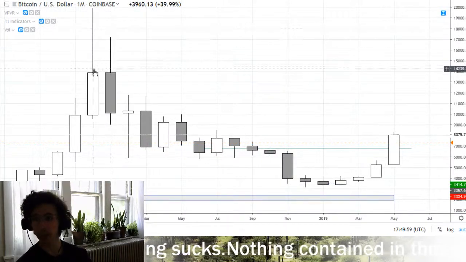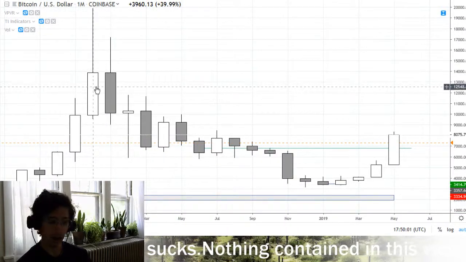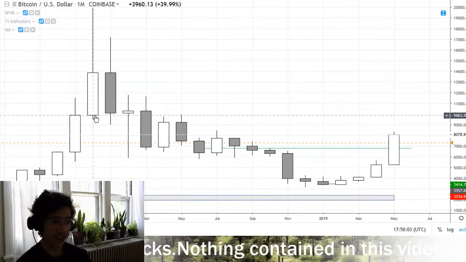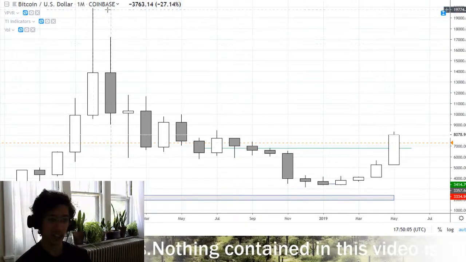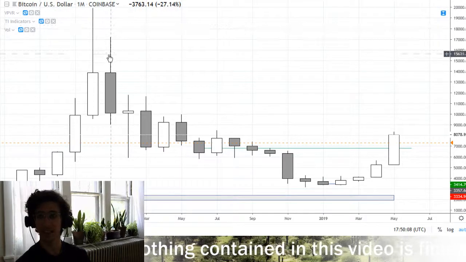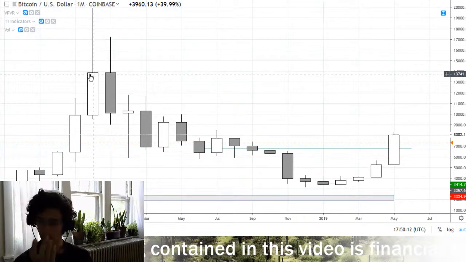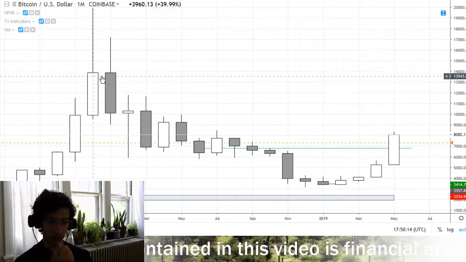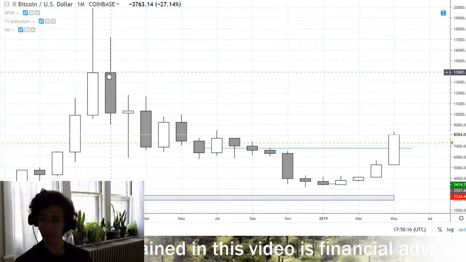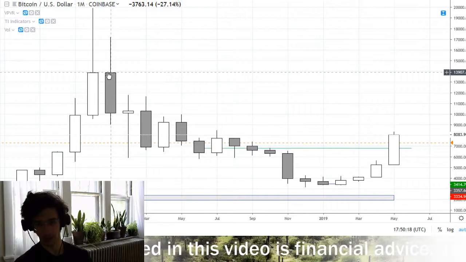So up here, price traded in December of 2017. It opened at 10,000. It traded as high as 20,000, but then it closed at 14,000. January 1, it opened at about 13,900, 14,000.